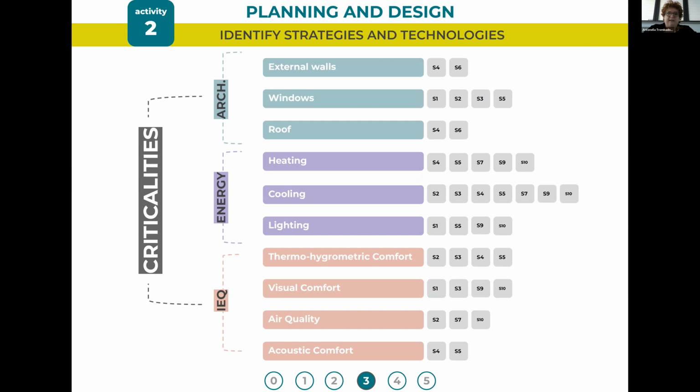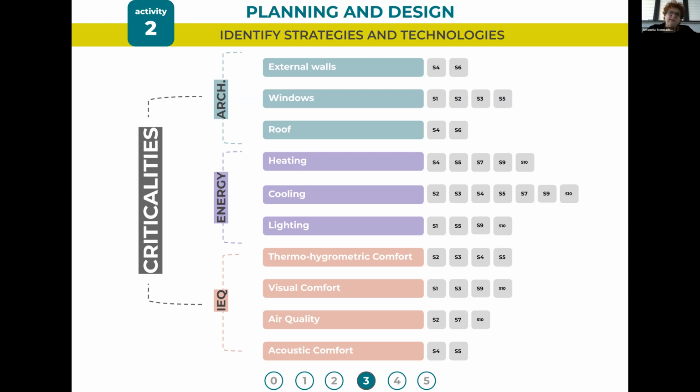When we set the criticalities, especially in the three main pillars, architectural aspect, energy aspect, and energy efficiency and indoor comfort, it's possible to identify some combinations. For the architectural aspect, we can investigate the external wall as well as transparent elements of the envelope, so the windows, otherwise the roof.